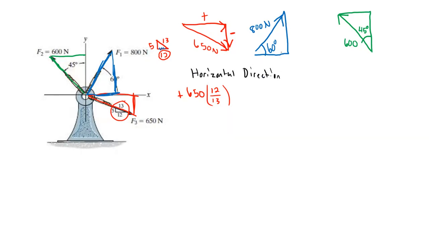Now for this one, we're gonna go to the right and up. So what does the people say? We're looking for the horizontal direction. Is that positive or is that negative? Positive, thank you very much. So positive, copy down the 800, and this is where we're gonna pick sine or cosine. Now, if you need a little refresher, I'll write it down again.